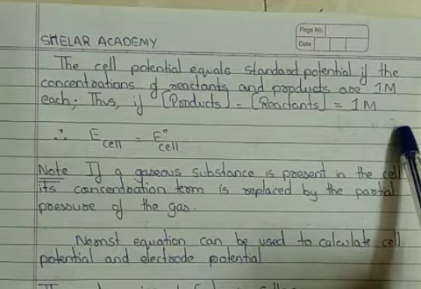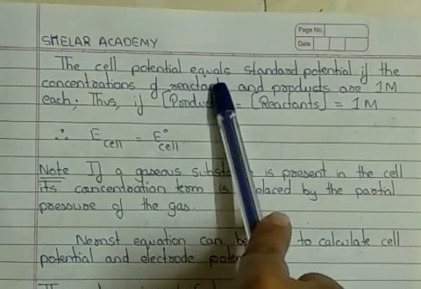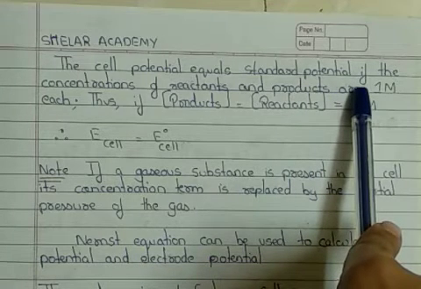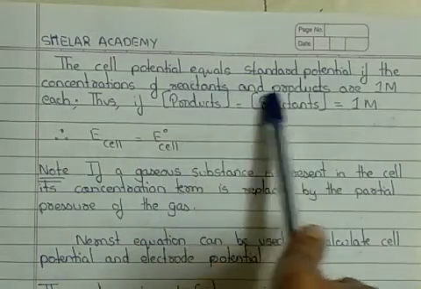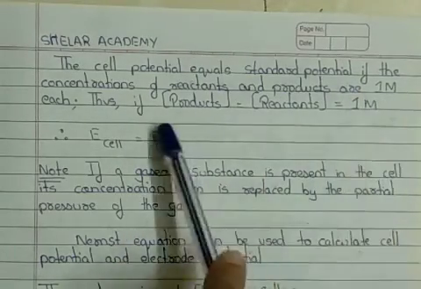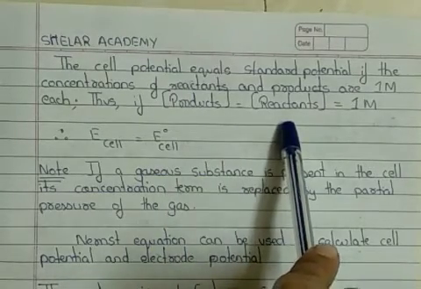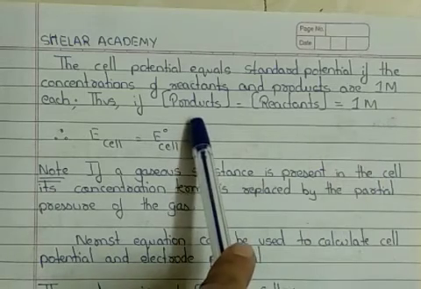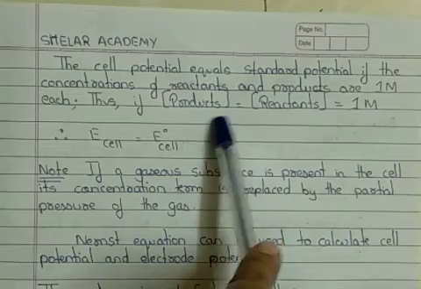In the same Nernst equation, when the concentrations of reactants and products are 1 molar, that is, if the concentration of products is equal to the concentration of reactants, which is equal to 1 molar, then in our Nernst equation the whole concentration term will become equal to 1.